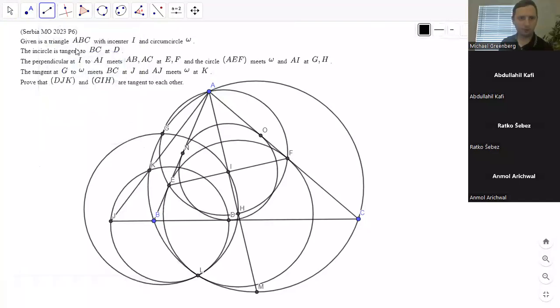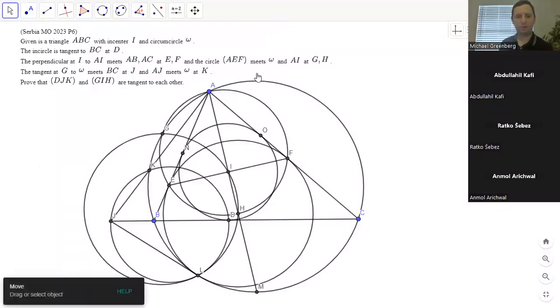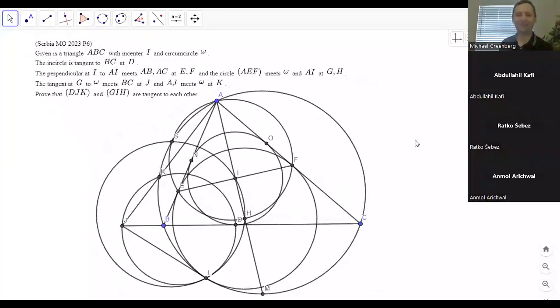Make it a segment instead of a line. So yeah, if we can show JL's tangent to both circles, then that would help. Yeah, GeoGebra helps a lot. Okay, so yeah, first of all, can we show GIHL is cyclic?